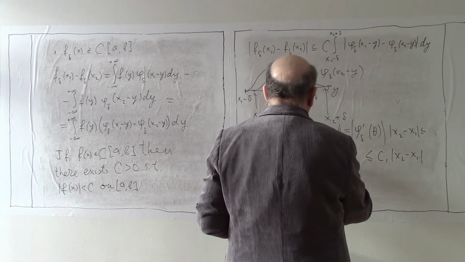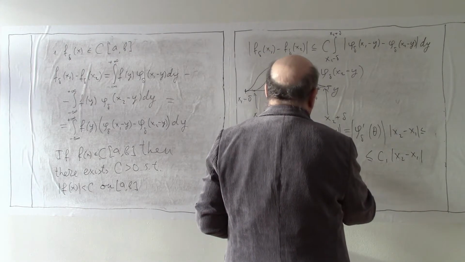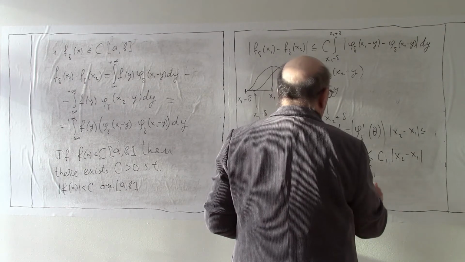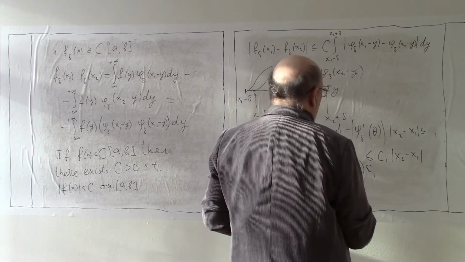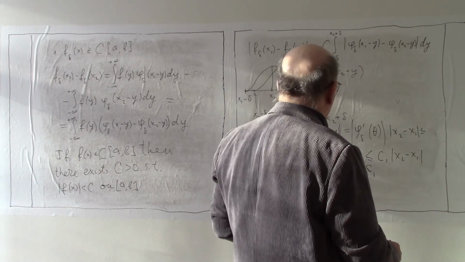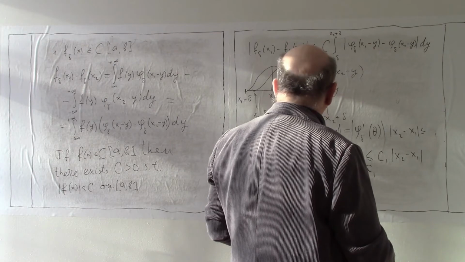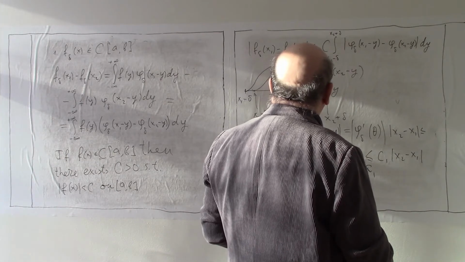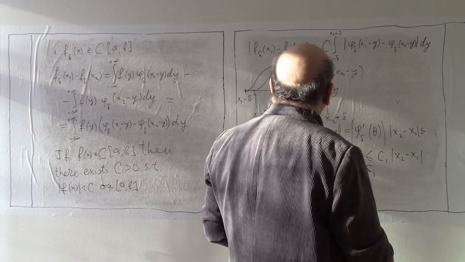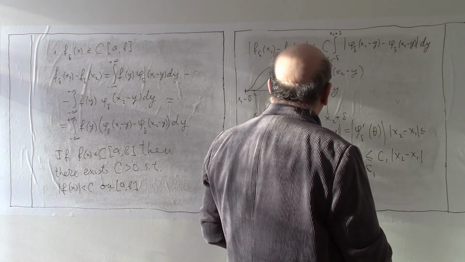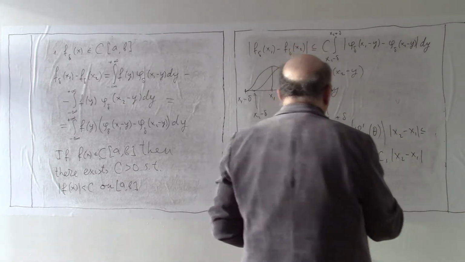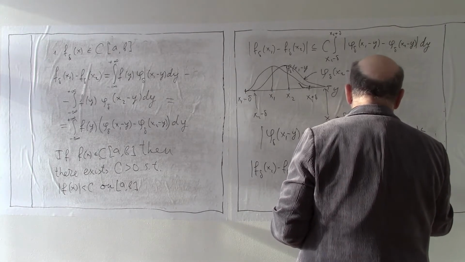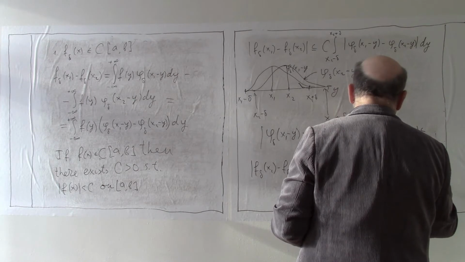It is x2 minus x1 plus 2 delta times c1, less or equal c prime x2 minus x1.